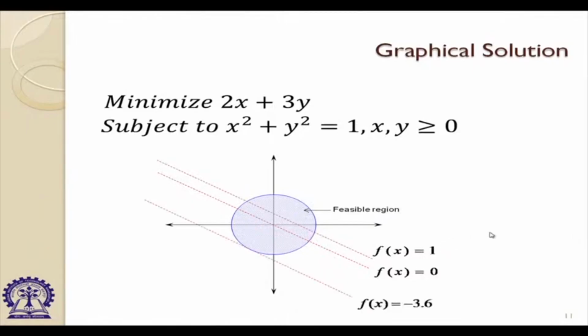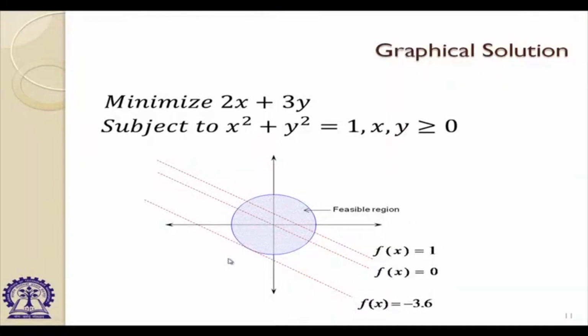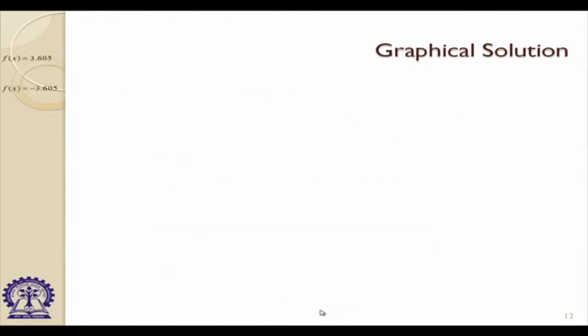That is why, if I move this way to f(x) equal to 1, the functional value is increasing and I will be further from the minimum point. So my direction must be the reverse one. If I move further and further, then at the point minus 0.55 and minus 0.83 we will get the minimum value of the function f.